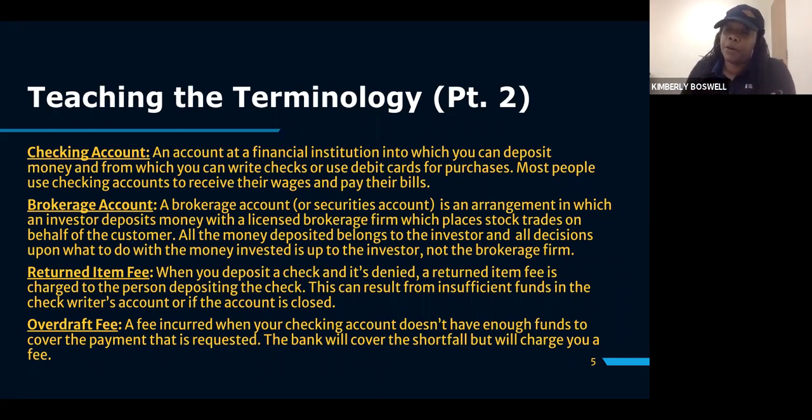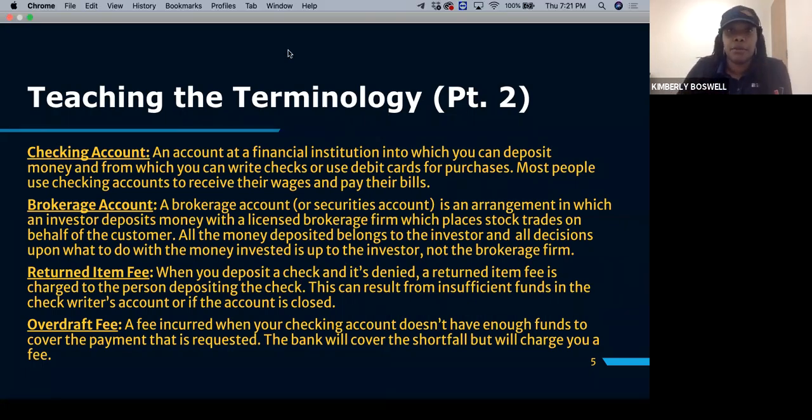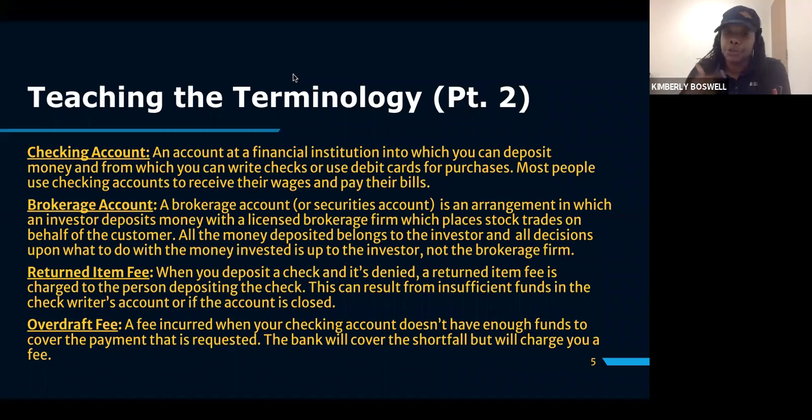I said before that banks make most of their money through interest from loans and fees. So two of those fees are overdraft fees and returned item fees. The travesty of these is that you're being charged by the bank for not having money. So if you put in a withdrawal amount that's more than what you actually have, the bank is going to charge you.